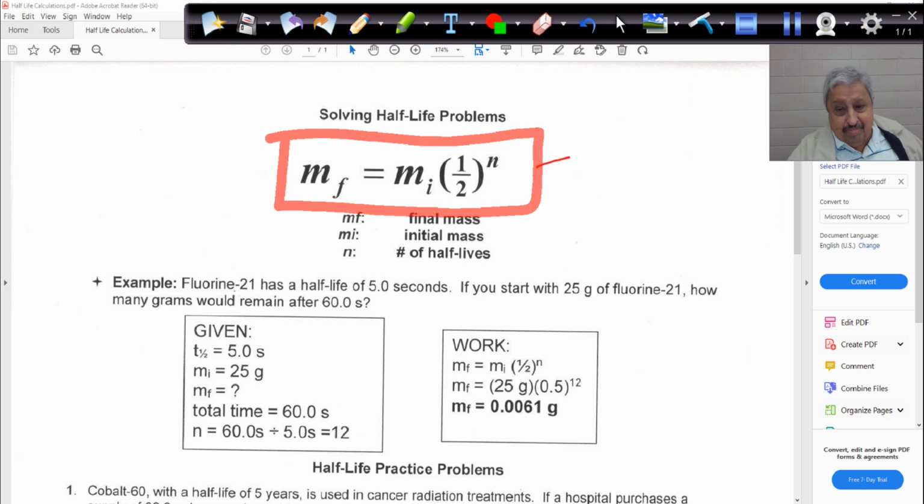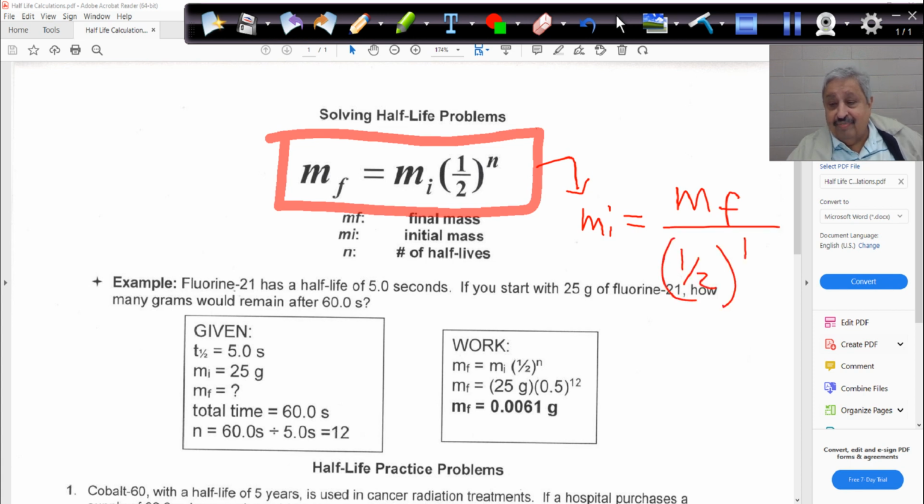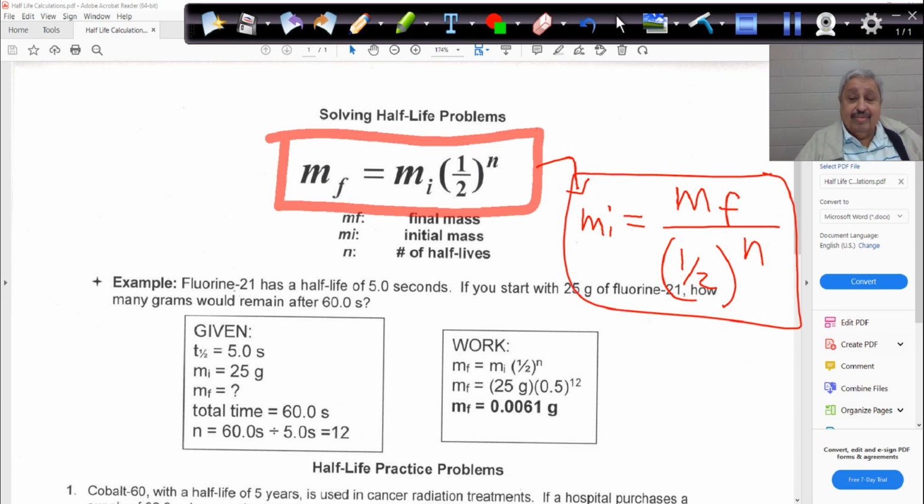The second one is mi, the initial one, equal to the final one divided by half to the n. This is another sub-formula from the main formula.